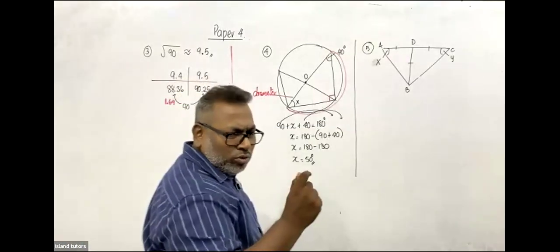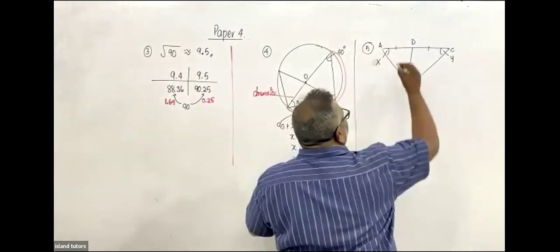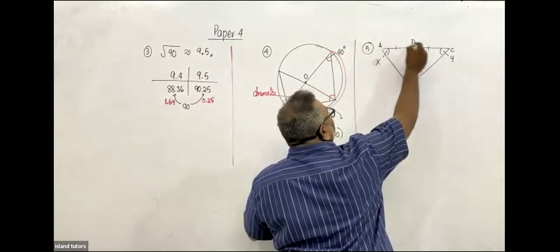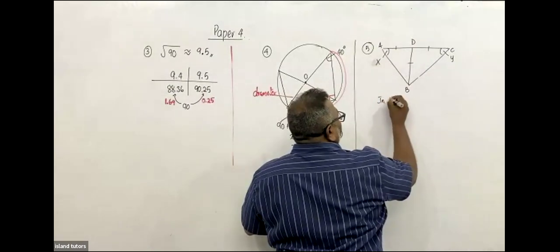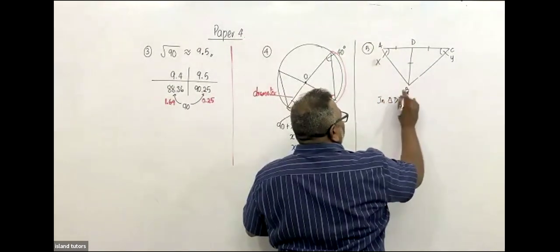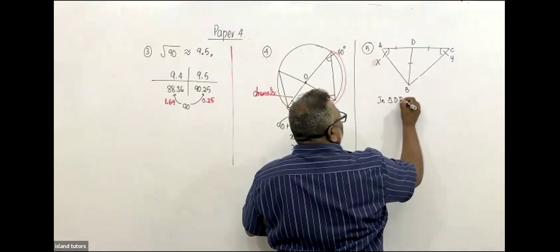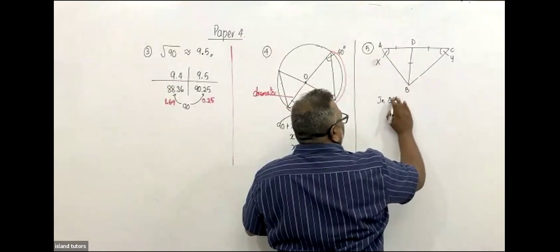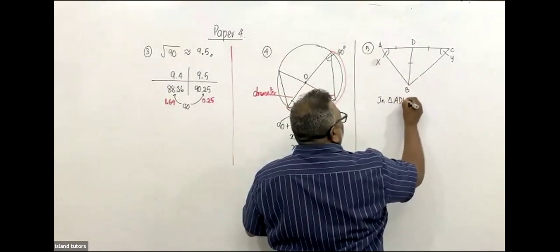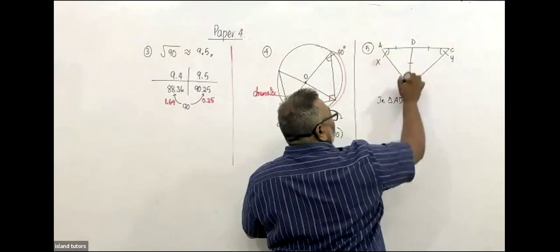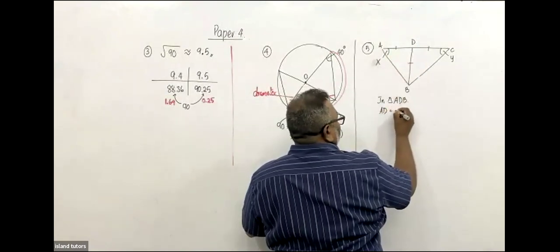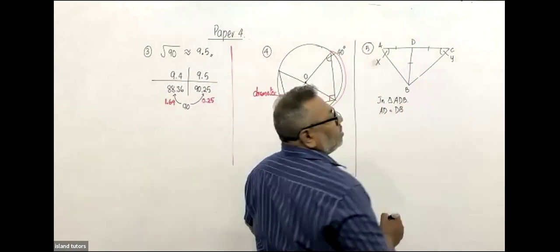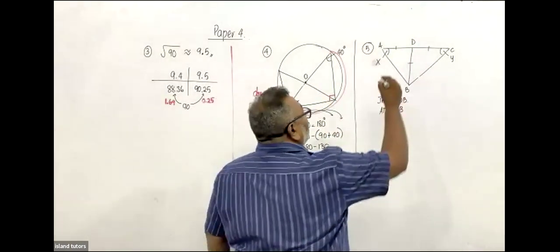Right? So quickly let's do this without too much time. Look at triangle ADB. In triangle ADB, AB is equal to DB. Therefore, what can we say?